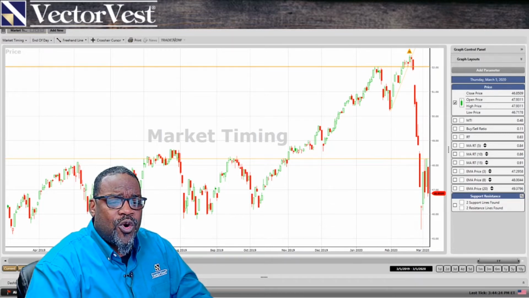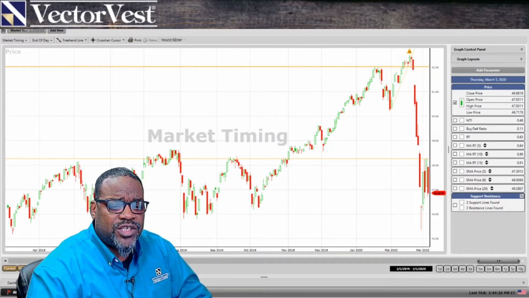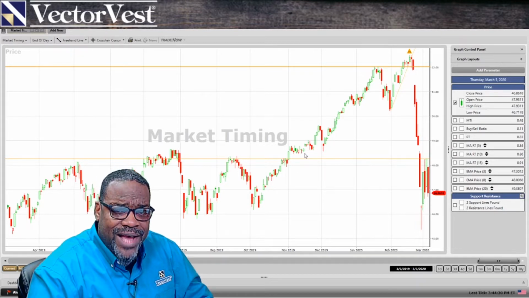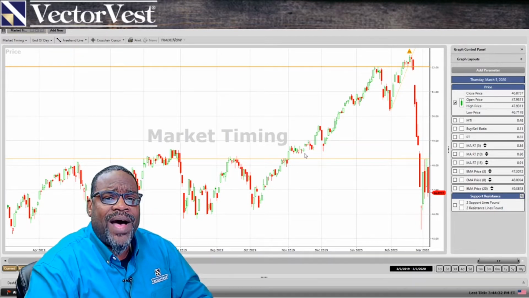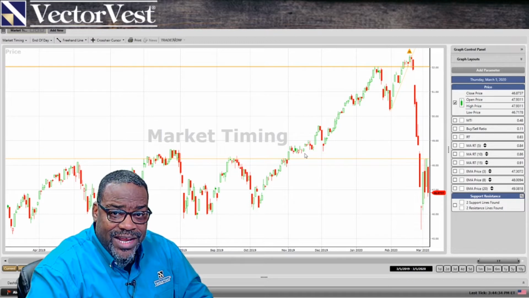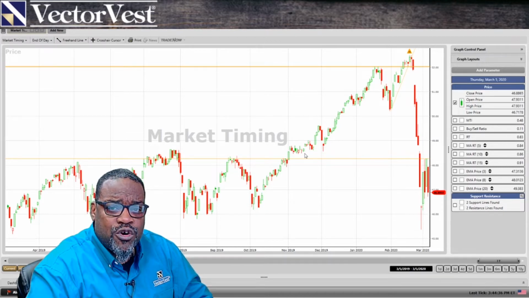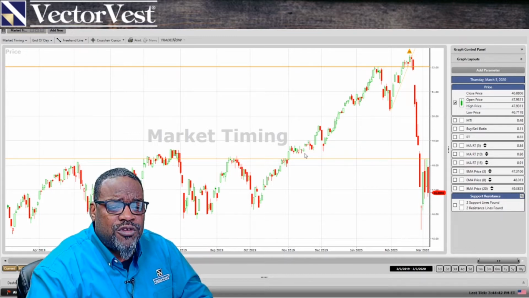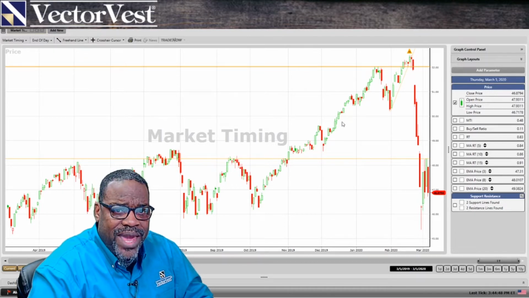On our market timing graph, we're looking at something called the VVC, or the VectorVest composite. The VectorVest composite is an indexed arithmetic average of all of the stocks that we currently track in our software. Currently, we track over 8,200 stocks, and what you're looking at is a representation of the move of the 8,200 stocks on a daily basis.